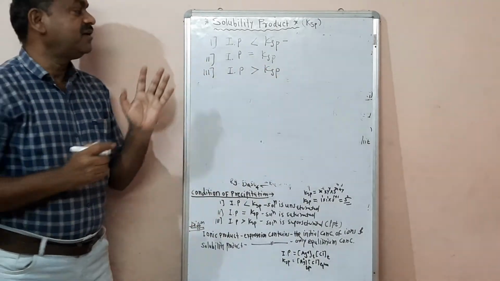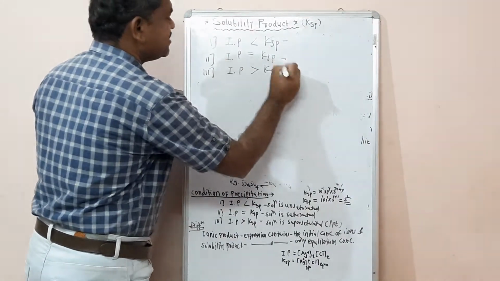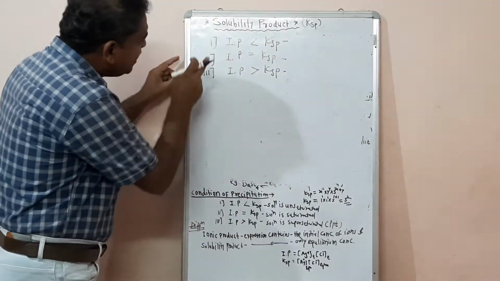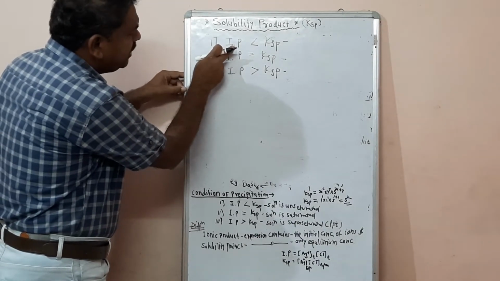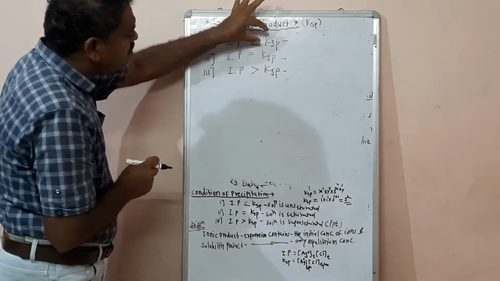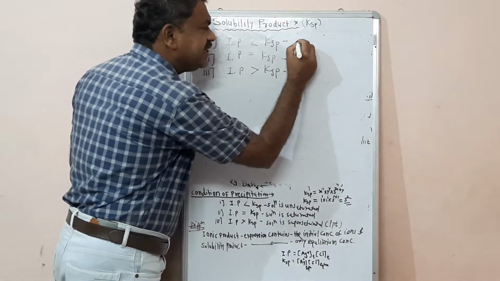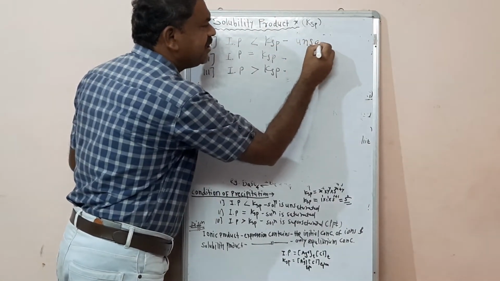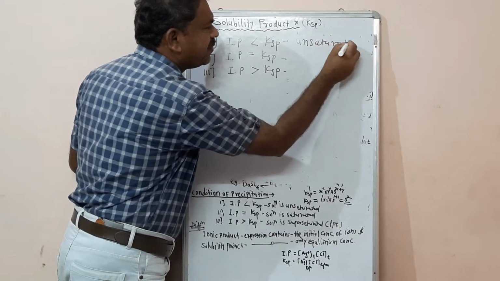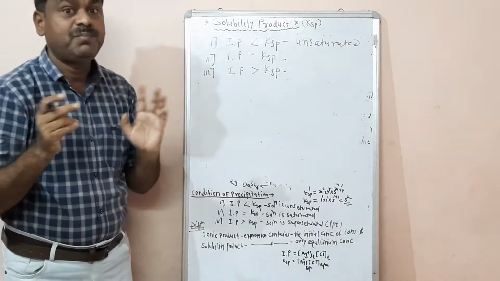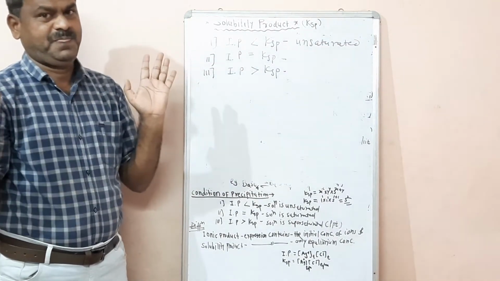Whenever the ionic product is less than the solubility product, then that solution is unsaturated, and the precipitate will not form.